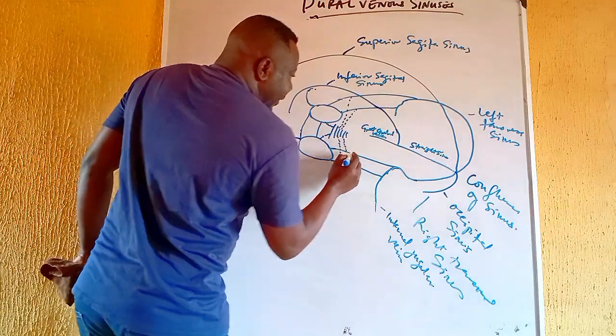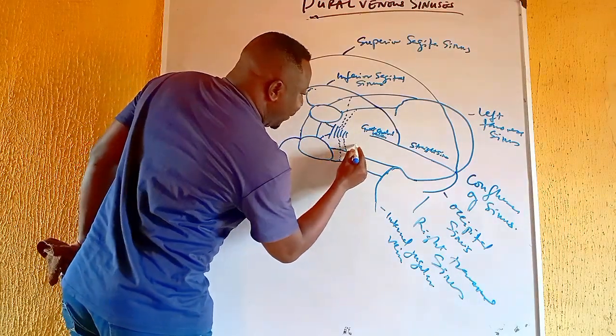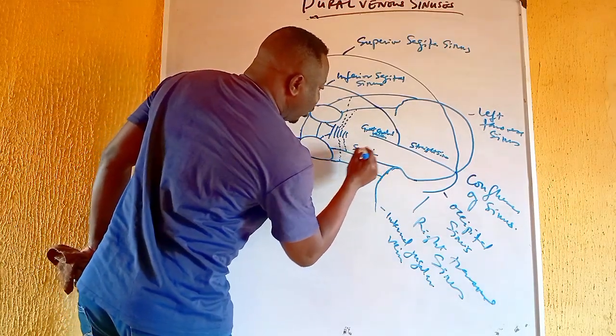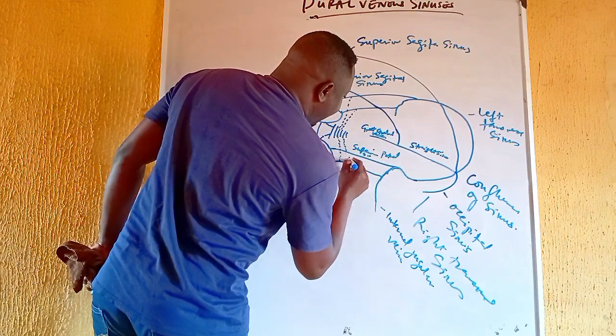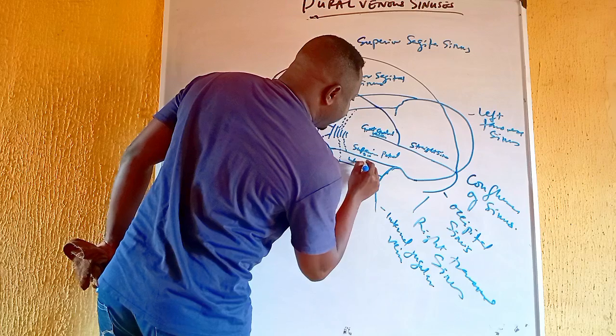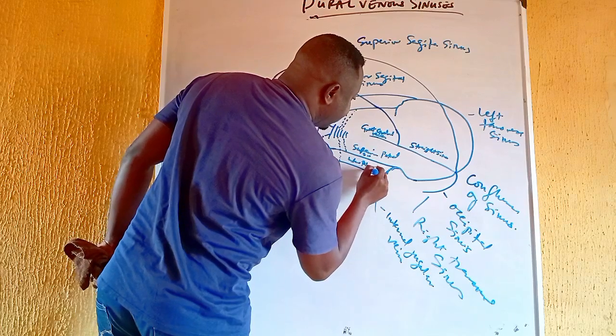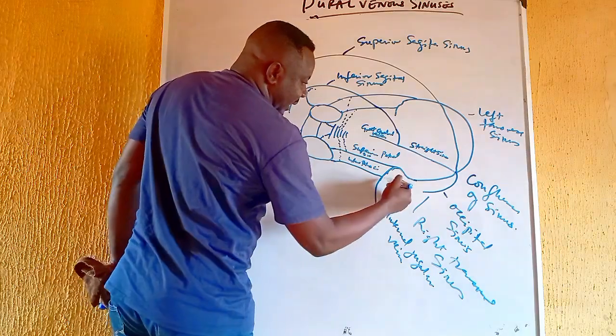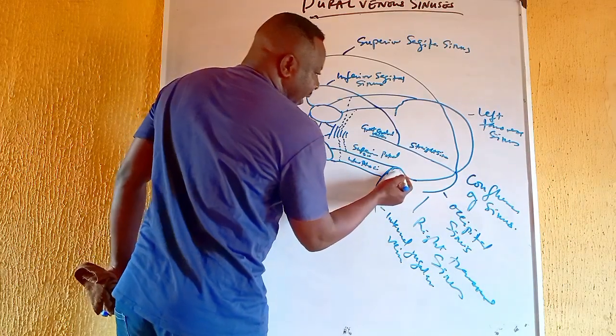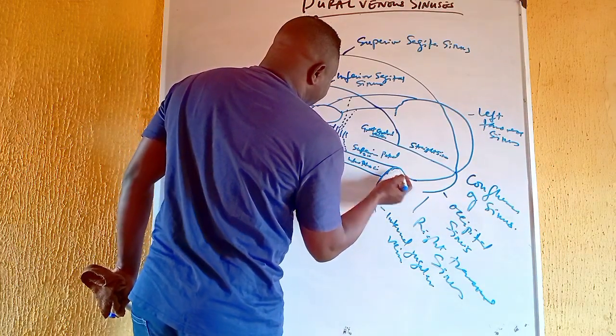Now, this is our superior petrosal sinus and the inferior petrosal sinus, both of which drain the cavernous sinus into the internal jugular vein or into the sigmoid sinus.